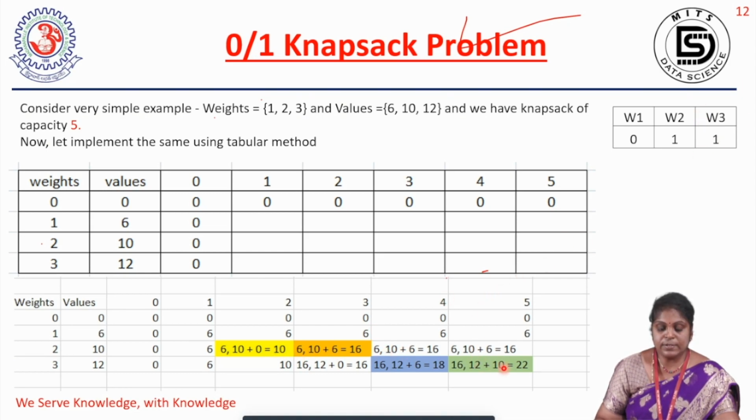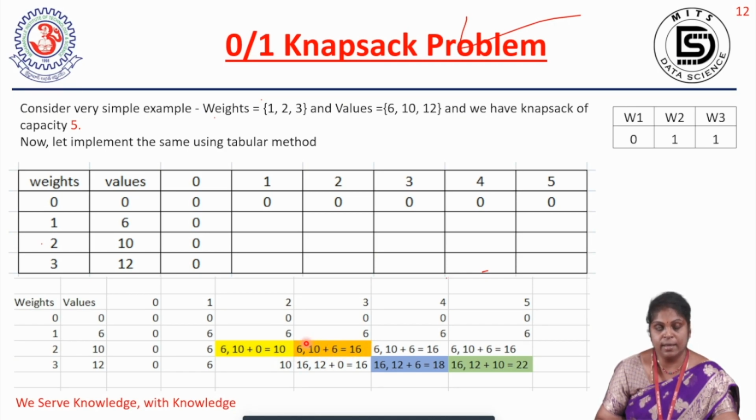Okay, here item 3 is marked as 1, and the knapsack size here is 5. 5 minus the item 3 weight, which is 3, means still we have 2 kg leftover in the knapsack. So we'll go to the previous row. What is the previous row's maximum size? 16. Check whether 16 is there in this row alone, or previously.